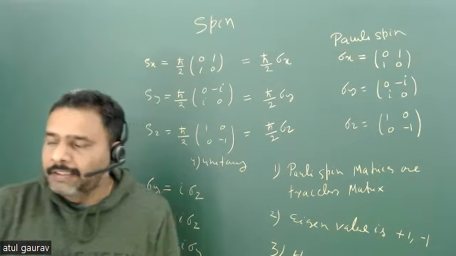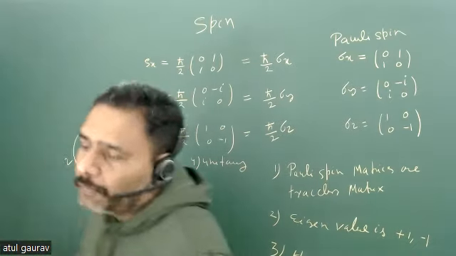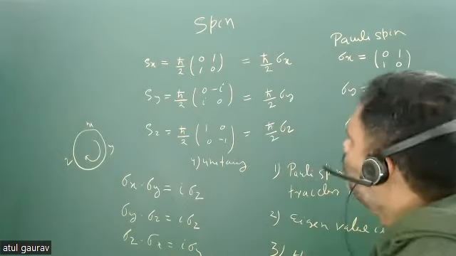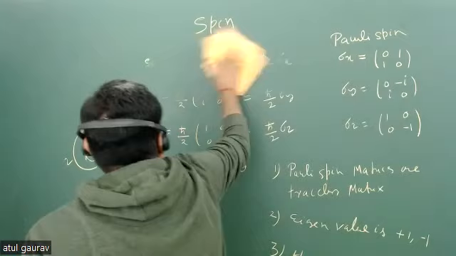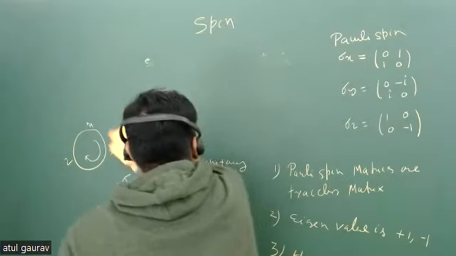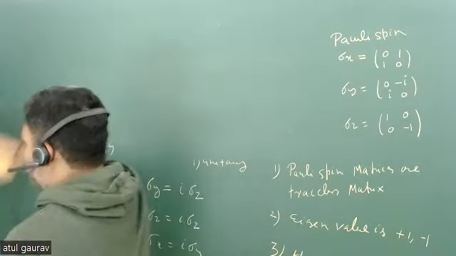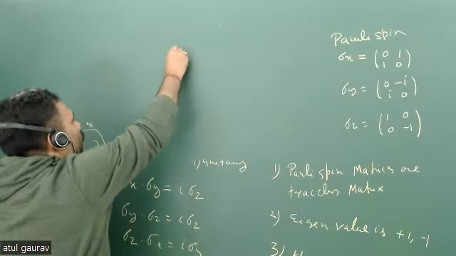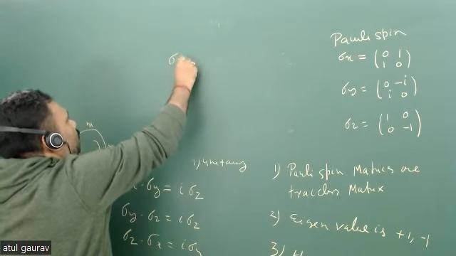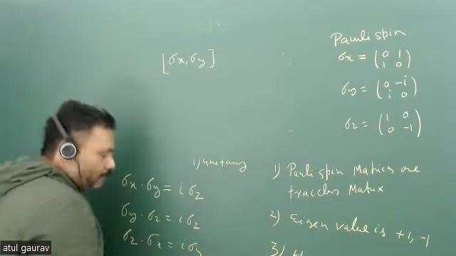And the most important thing is that these Pauli spin matrices do not commute. So let's figure out the commutation between sigma x and sigma y.